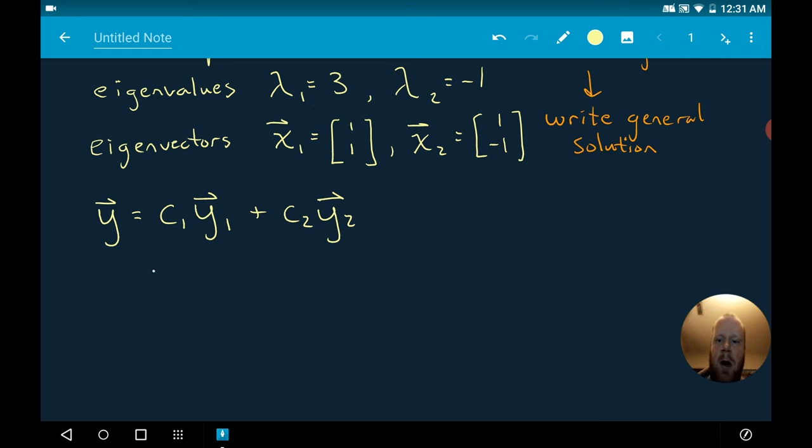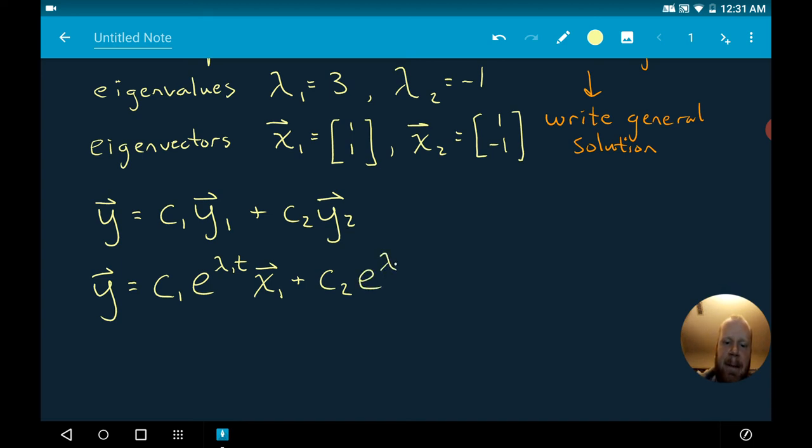Now y1, if I can replace that, y1 is going to be e to the lambda 1t times the first eigenvector, and y2 is going to be replaced by e to the lambda 2t times the second eigenvector.